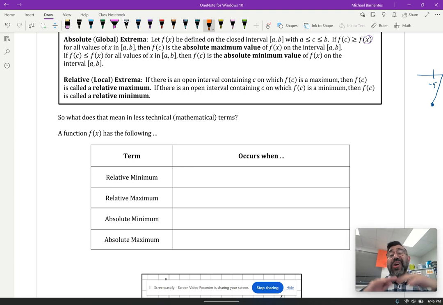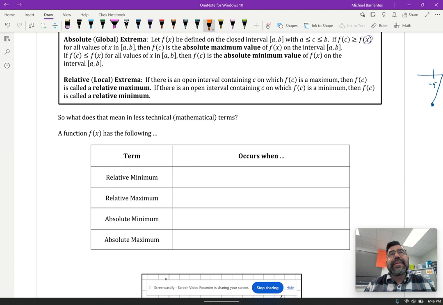But are they the tallest in our campus? Because maybe if we're talking of our function being the whole campus, then there might be a taller person than the tallest person in class, right? They would be the absolute maximum. Or there might be a shorter person than the shortest person in our class. That would be the absolute minimum.